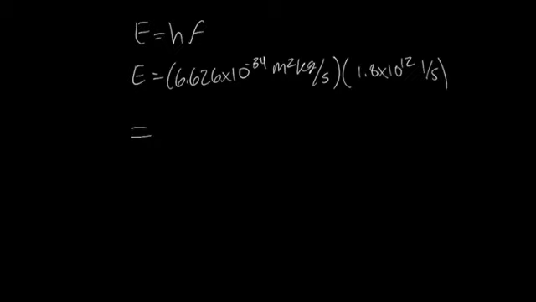This gives us a value of 1.19 times 10 to the negative 21st joules.